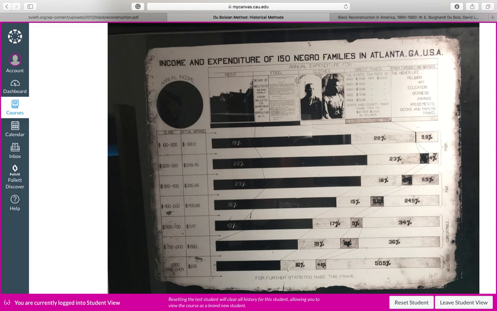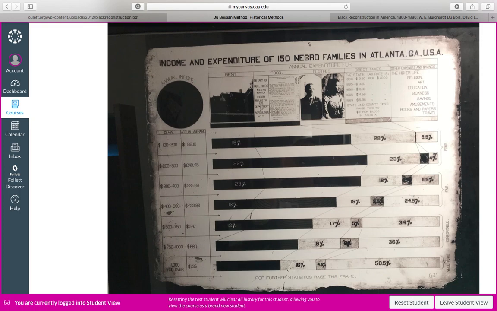And others, what happens when we use a lot of rich statistical evidence in order to build a historical perspective. So I think you can absolutely take more time and really look at this, right? And we can start to understand what people are spending their money on in terms of rent, in terms of food, in terms of taxes, and then all of these sort of other expenses and savings.